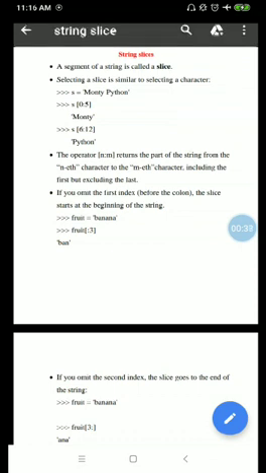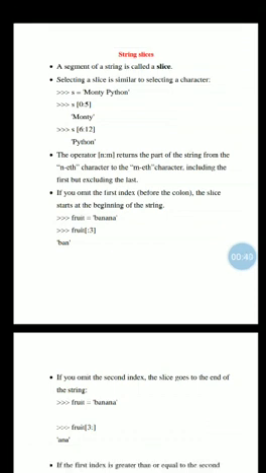Here S equal to Monty Python. S is a variable name and Monty Python is the value. I'm storing Monty Python in a variable called S. Now with the string slice method, we'll try to print a segment or part of the string, that is S[0:5]. Here S is a variable name, 0 is the start point and 5 is the end point.